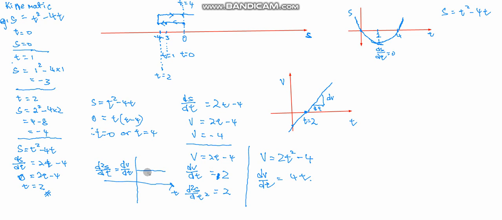Since it's a constant, it's a horizontal line. So it's a constant acceleration. Now, let's say I have v equal to 2t square minus 4, when I differentiate dv/dt, I get 4t. That means, let's say this is dv/dt, acceleration, then it's a straight line.